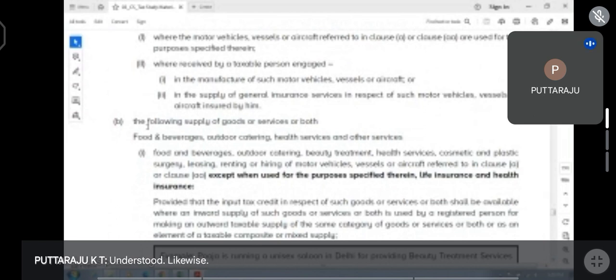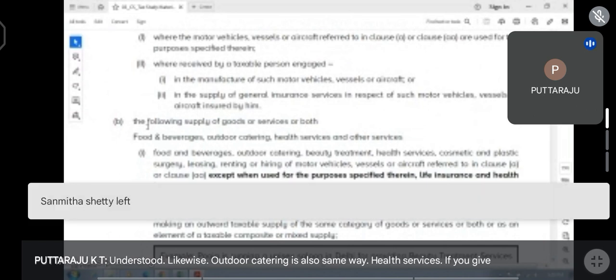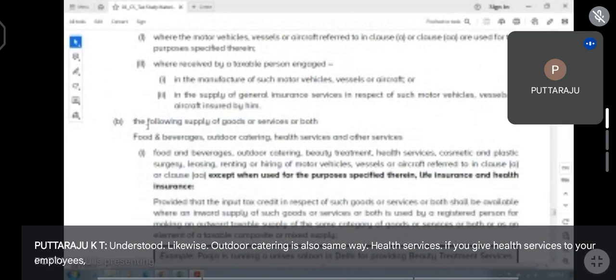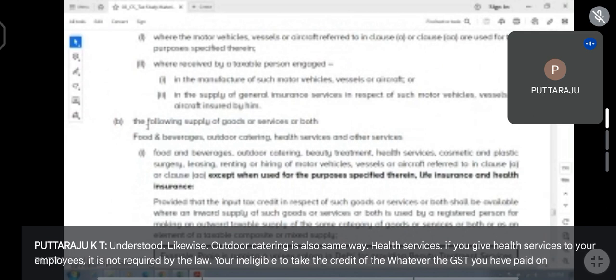Likewise, outdoor catering is also the same way. Health services. If you give health services to your employees and it is not required by the law, you are ineligible to take the credit of whatever GST you have paid on that health service bill.